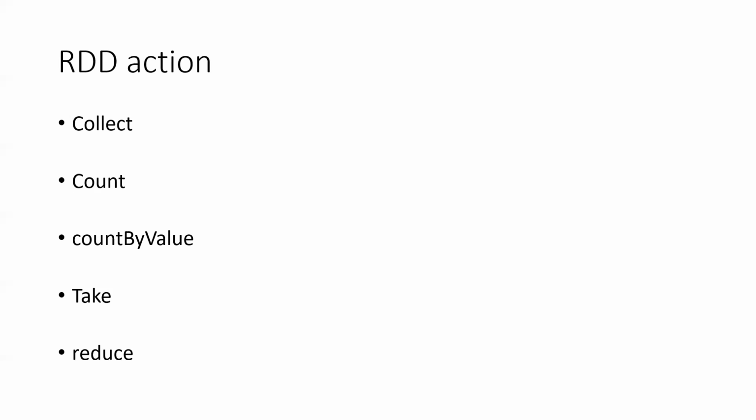The final result is given back to the Spark driver, and the driver can show the output to the user. We'll also be releasing the executors when performing the reducing part. So those are the things: collect, count, countByValue, take, reduce. Those are the action items on top of an RDD.